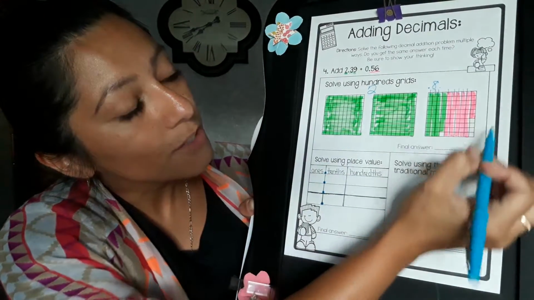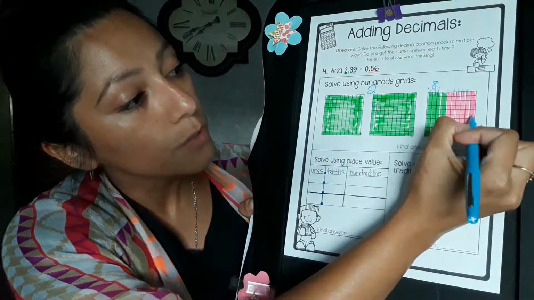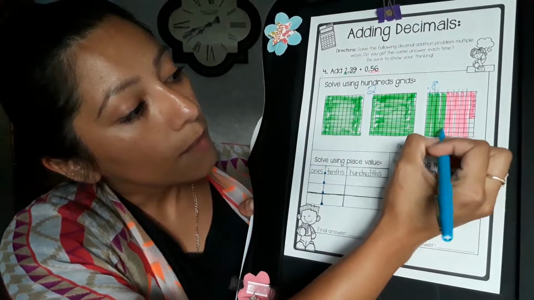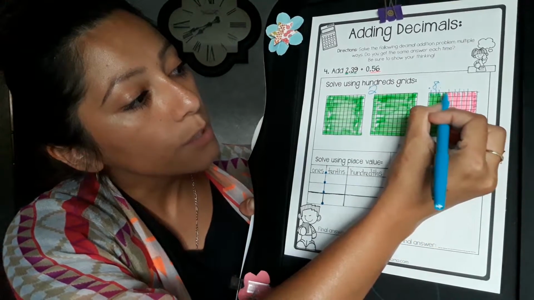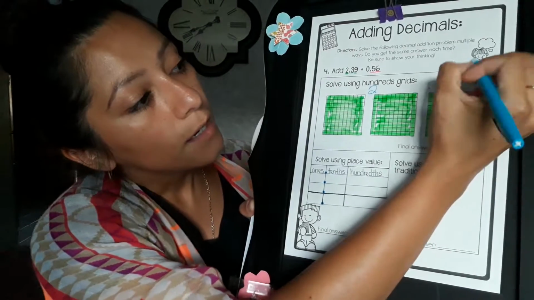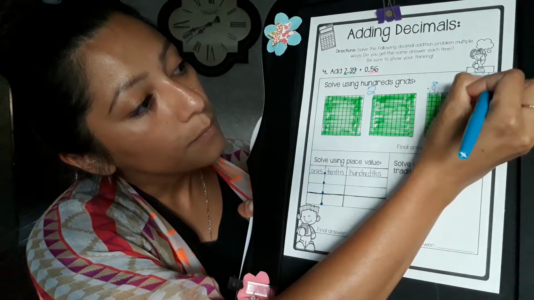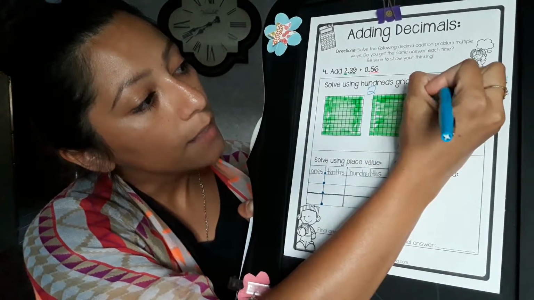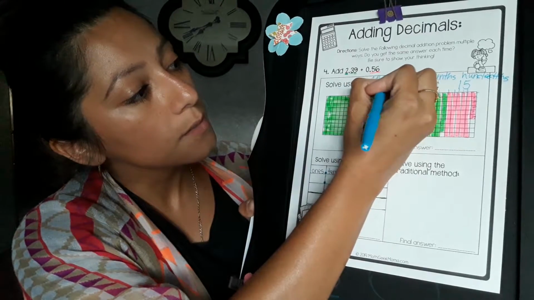Now let's count our individual squares. We have 1, 2, 3, 4, 5, 6. And then we have 7, 8, 9, 10, 11, 12, 13, 14, 15. So we have 15 of the hundredths. We have 8 of the tenths. And we have 2 of the ones.